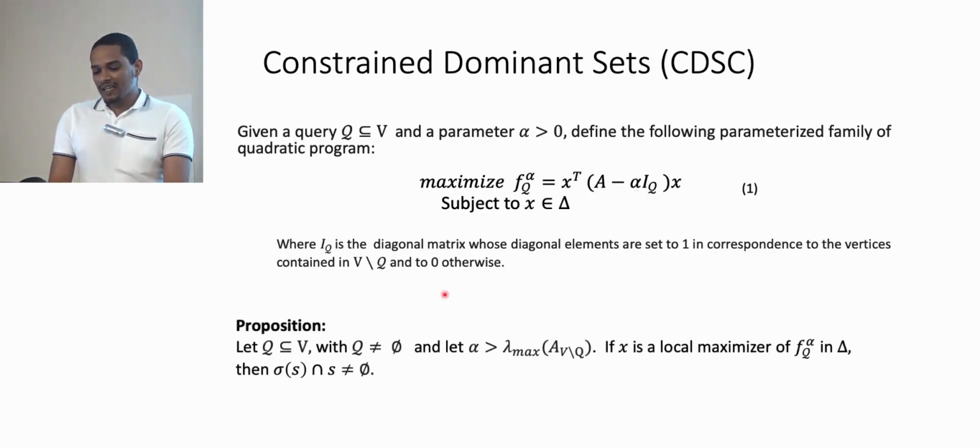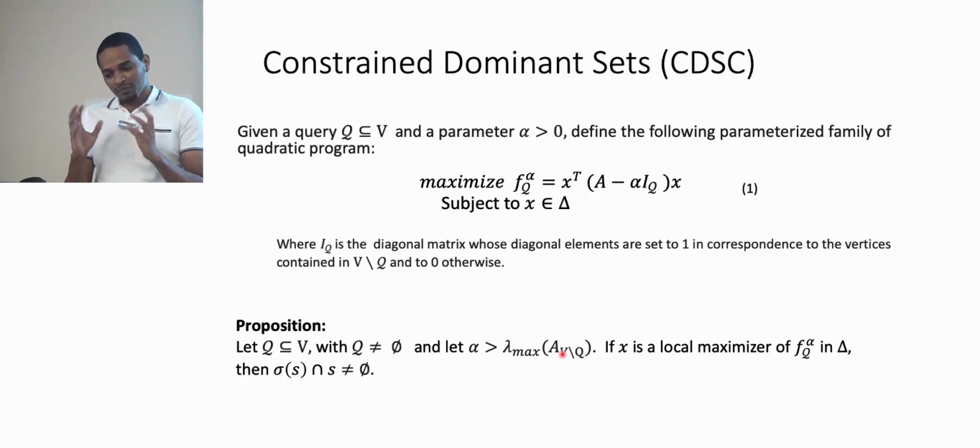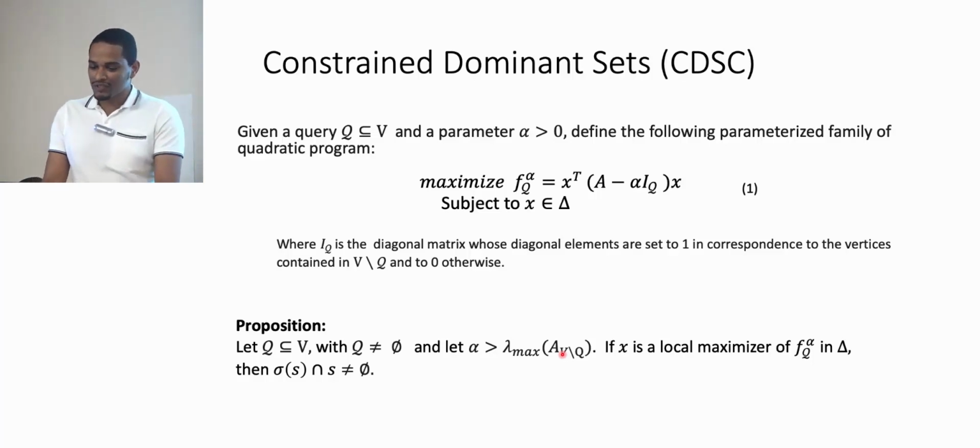We have this theoretical guarantee that if we select alpha larger than the maximum eigenvalue of the submatrix A which does not contain the query, the solution we get is guaranteed to contain all or part of the constraints that the user defined, which is a pretty powerful property.